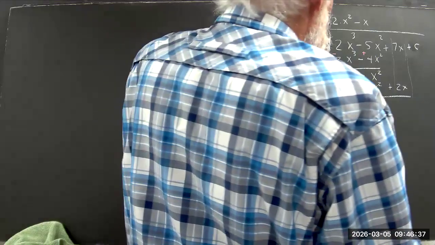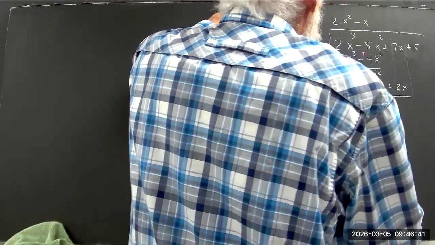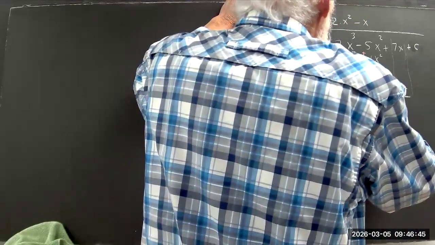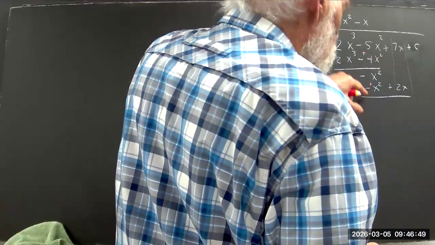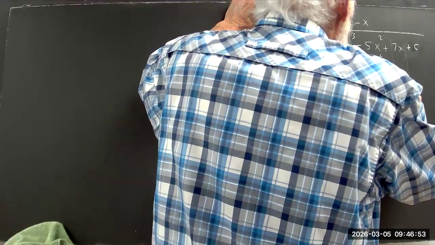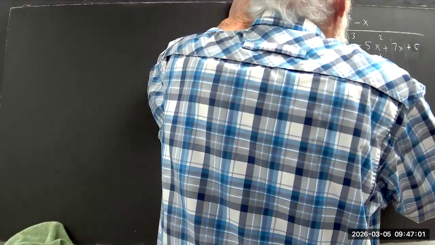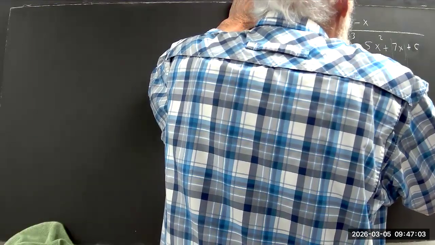I put my little reminder on the negative x squared, a plus, because we're subtracting a negative x squared. On the plus 2x, we'll put a little auxiliary minus sign here because we are subtracting. So 7x minus 2x gives us 5x.